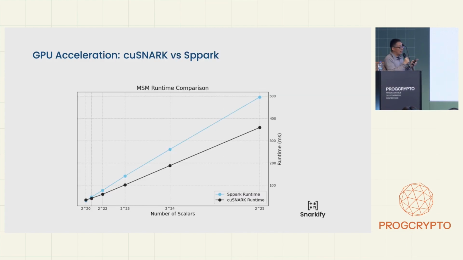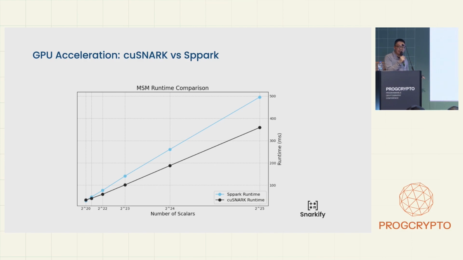This slide is a benchmark for the cuSNARK library. Currently, we have implemented the MSM acceleration, and this benchmark is from our cuSNARK versus the one developed by Supranational. I think it's missing some bottom-level hardware information.